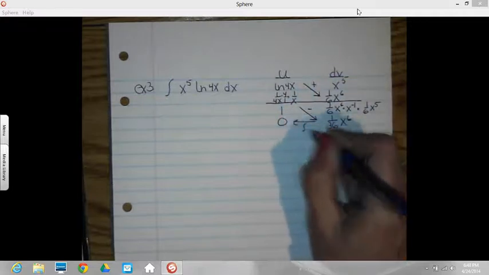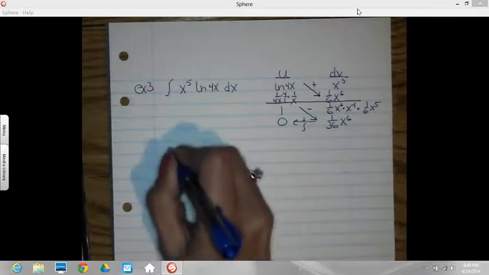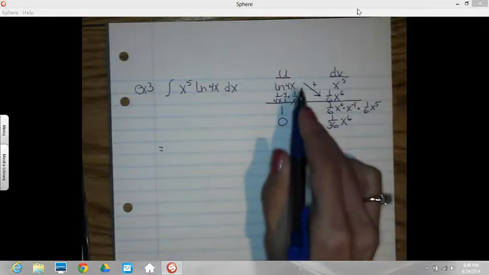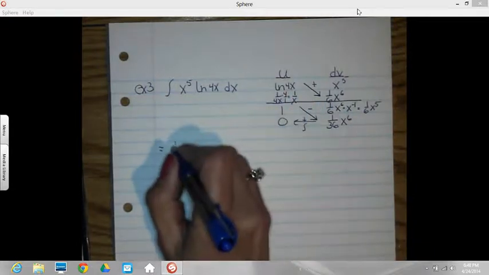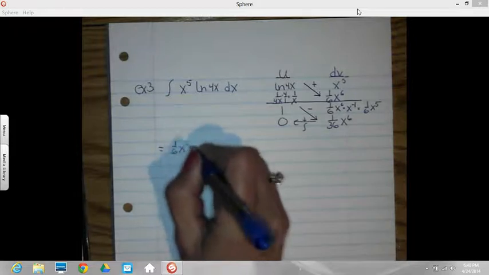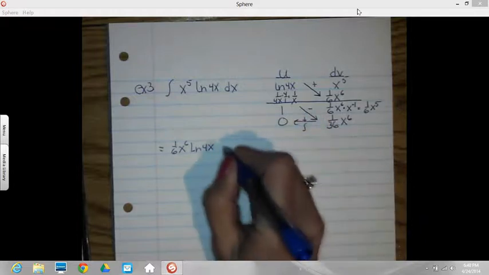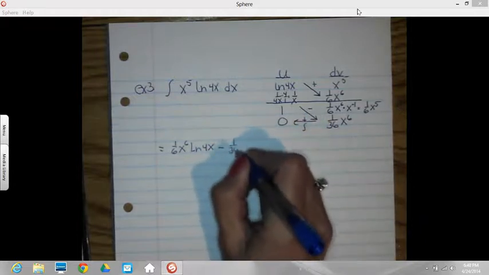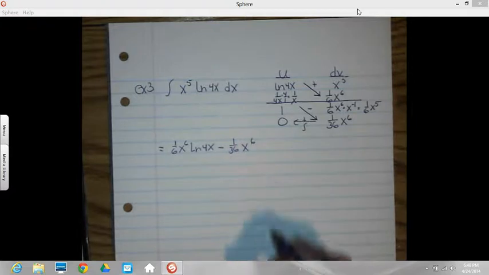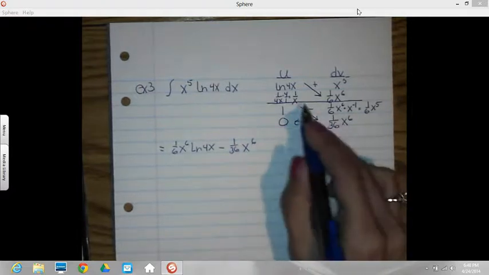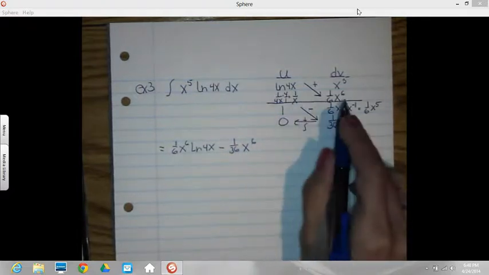Integrate the horizontal. Okay. So here I'll have 1/6 x to the 6th natural log of 4x. This will be a minus 1/36 x to the 6th. So when I ended up with x's on both sides, that's when I decided to reassociate and combine and simplify.